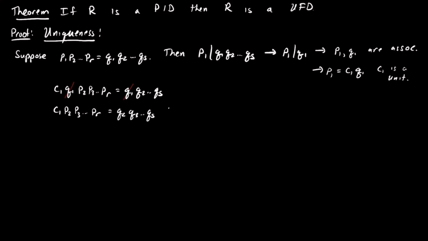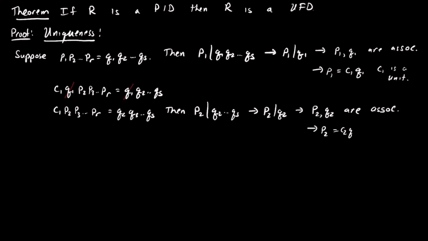Well, then what do I know? I repeat the same argument. I know that P2 has to divide Q2 up to QS. So after relabeling and reordering my elements, I get that P2 divides Q2, which means that P2 and Q2 are associates because they're both irreducible. So P2 is equal to C2 times Q2, where C2 is a unit.